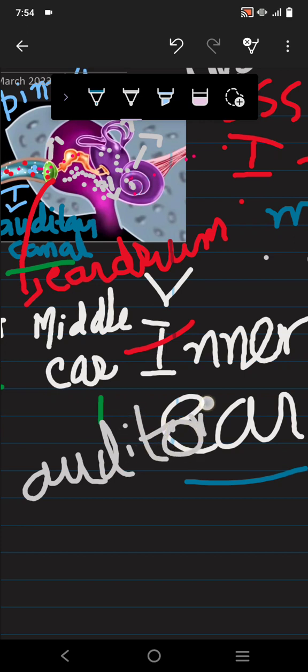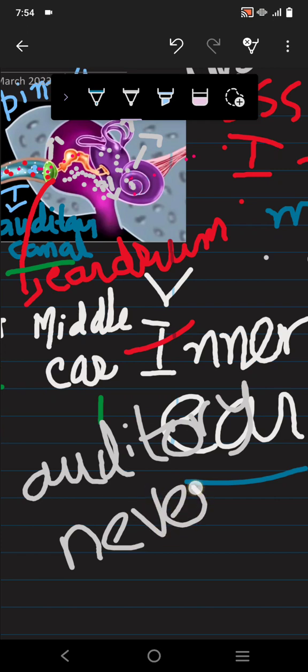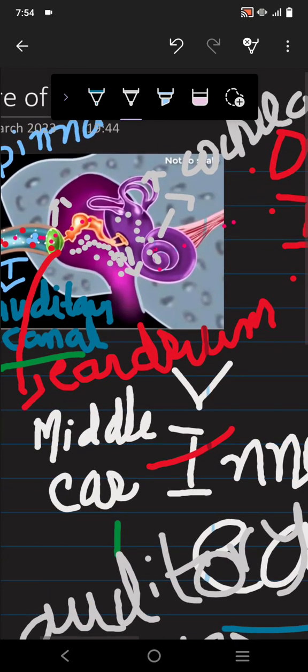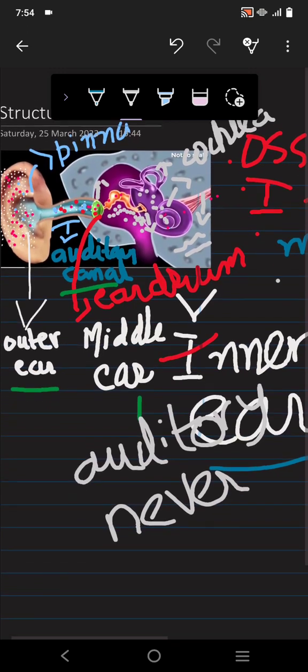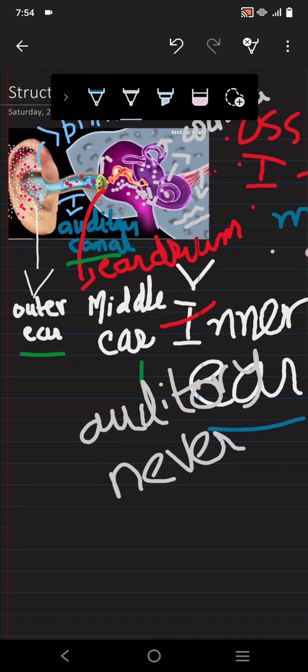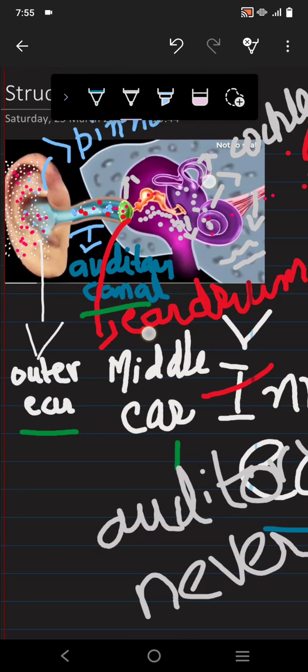The word auditory is always used for the ear and the word optic is only used for the eyes, as the word cardiac is used for the heart. So these nerves provide the signal to your brain, and then your brain will detect the sound. So this is the structure of your ear.